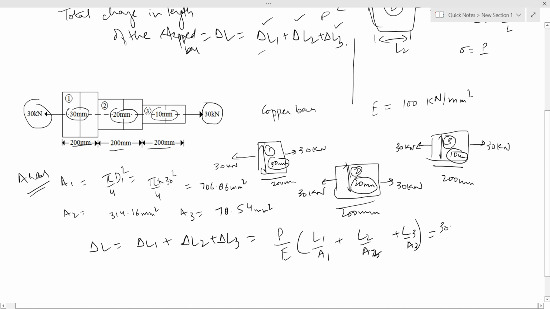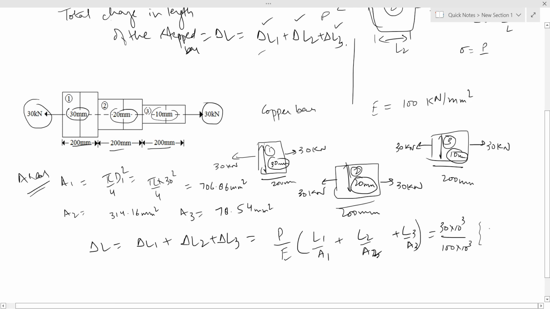P is 30 into 10 to the power 3 since it is 30 kilonewton, and E is given as 100 into 10 to the power 3, 100 kilonewton per mm square, and in brackets we will write the value of L1 upon A1.